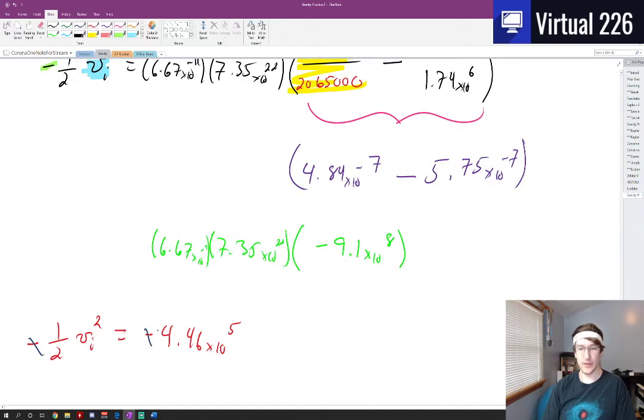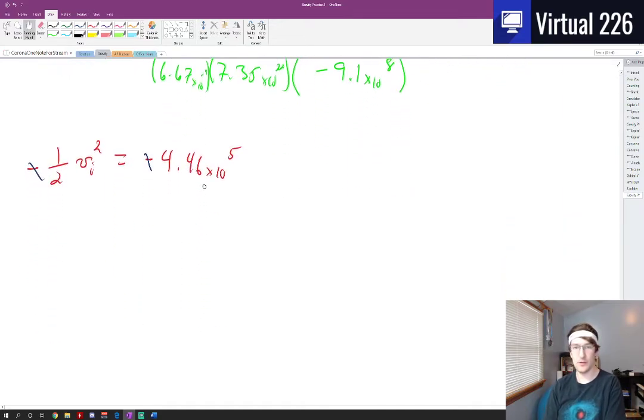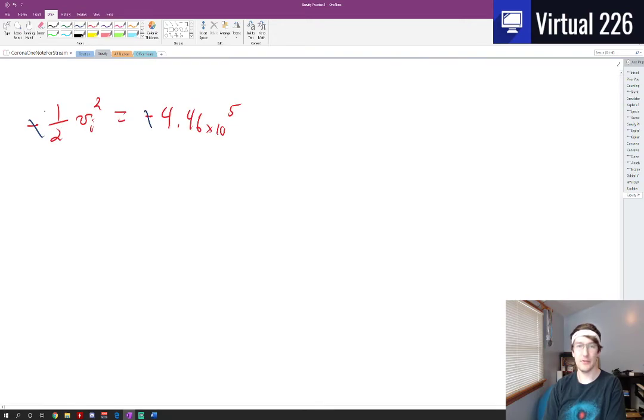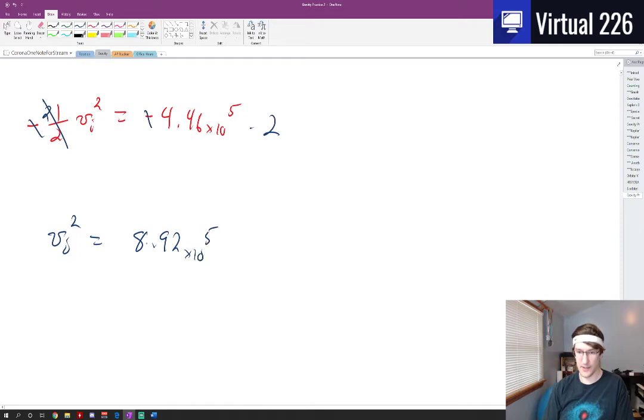Let's multiply by 2 on each side. Times 2 gives me VI squared equals, what's 4.46 times 2? I don't want to do that in my head. 8.92 times 10 to the 5th. And now to get rid of the square, we take the square root of each side.